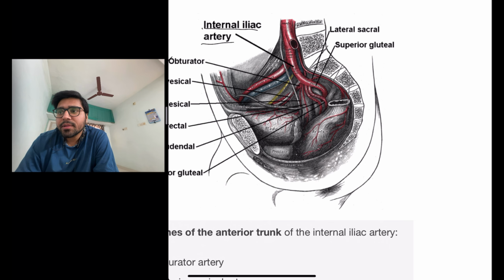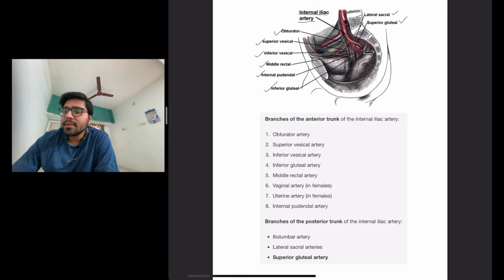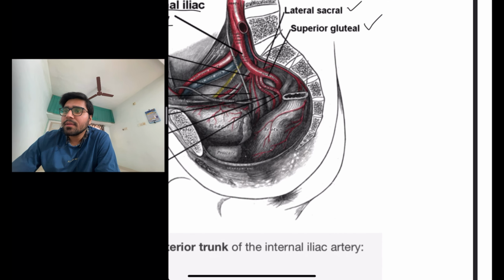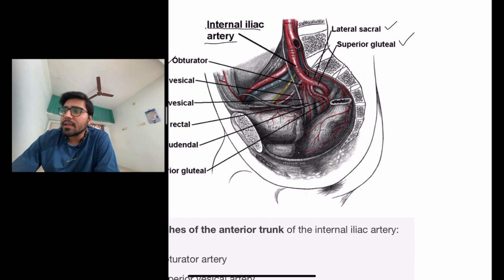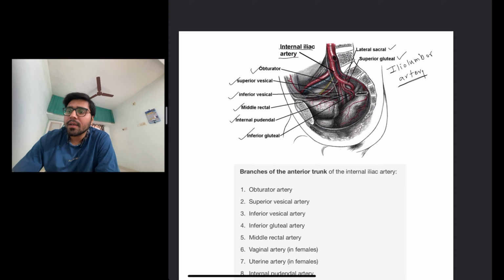And the branches of the posterior trunk or posterior division of the internal iliac artery are lateral sacral artery, superior gluteal artery, and iliolumbar artery.